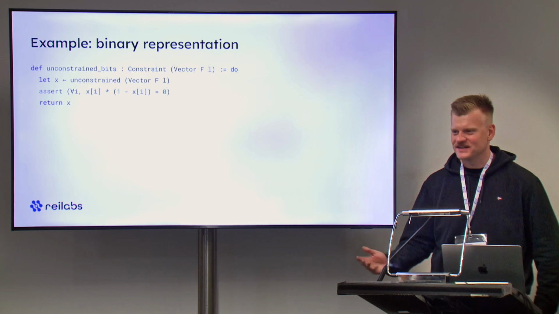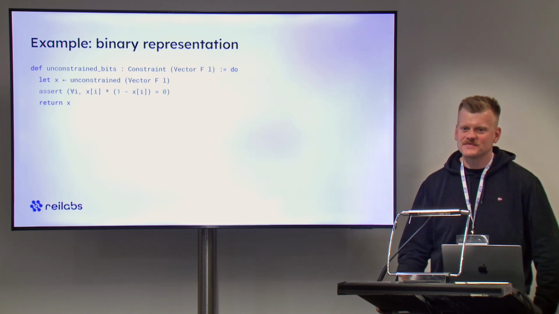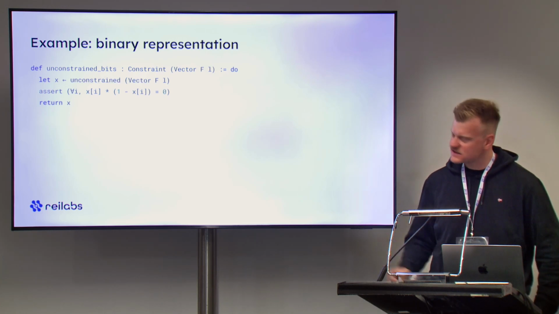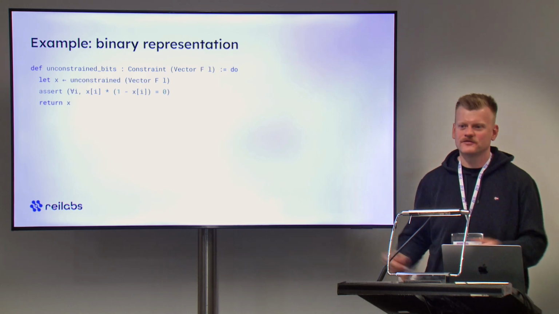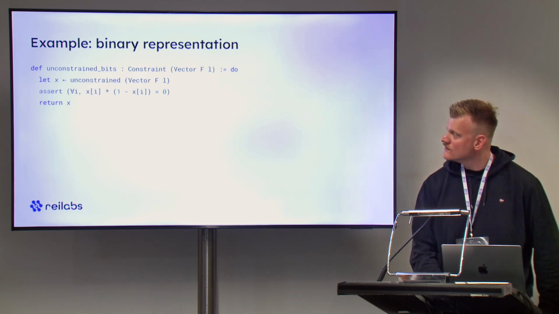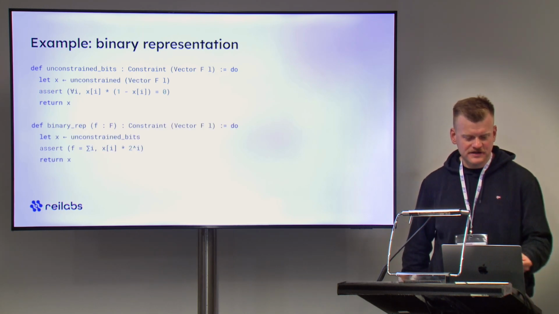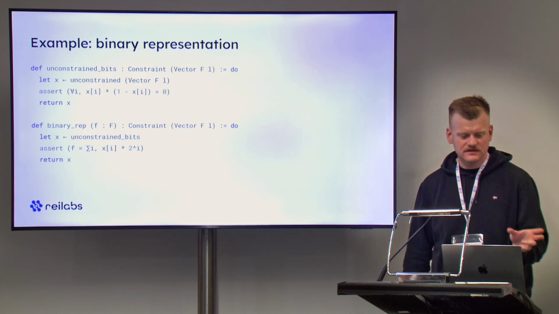If you are not, then it's syntactic sugar to make it all nicer. So line 1, I'm just producing a vector of field elements of length L out of thin air. I'm not saying anything else about it, just that. And then my binary representation for F is going to be a bunch of unconstrained bits.